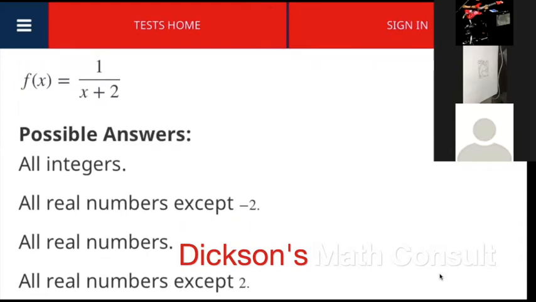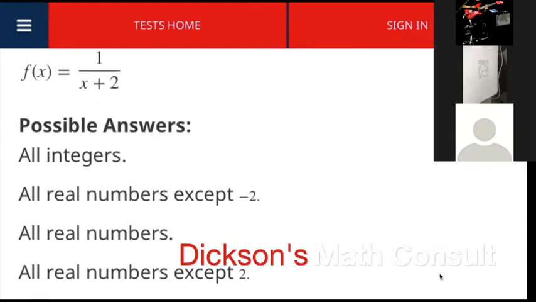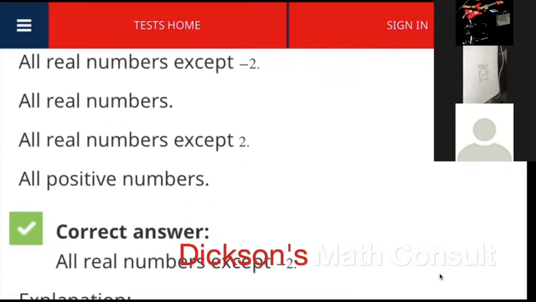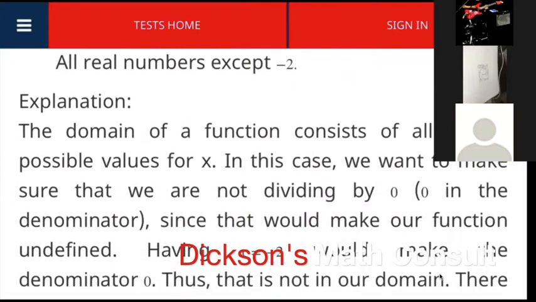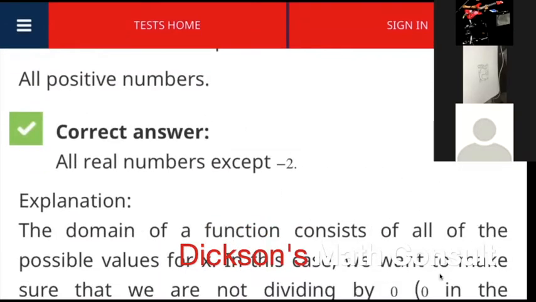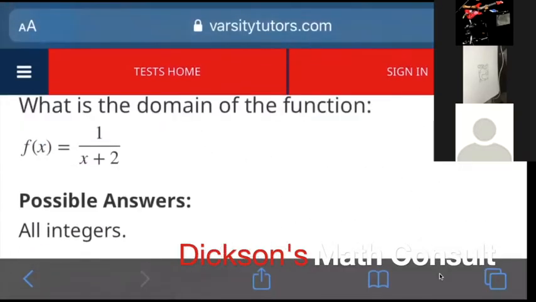But here, when you look at the denominator, it should not render the function in the denominator to 0. Because anytime you have a fraction and you have 0 as the denominator, it makes the fraction undefined.